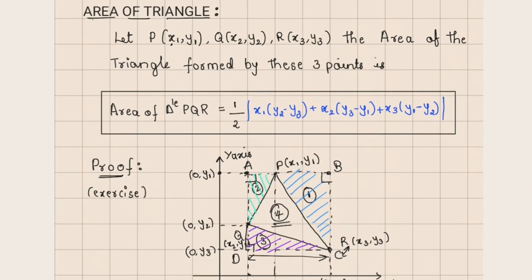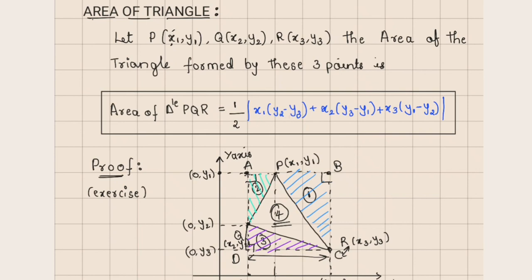The final concept you have learned in the 10th standard is the area of a triangle formed by 3 points. Let's say P x1 comma y1, Q x2 comma y2, R x3 comma y3. So the area of the triangle is given by half into x1 into y2 minus y3.